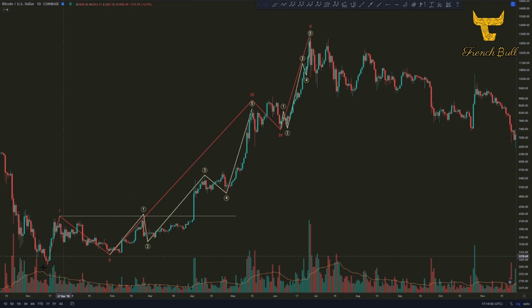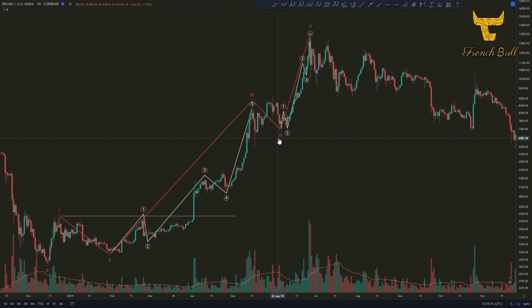Also, the difference we can see between wave 2 and wave 4, more often than not, is that wave 2 goes deep, retraces really deep, and wave 4 is more a sideways consolidation.